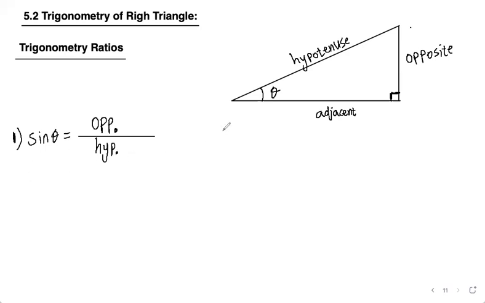Now, what is the formula for the cosine for this angle? Cosine of the angle, what is that equal? It's equal to the adjacent over the hypotenuse.